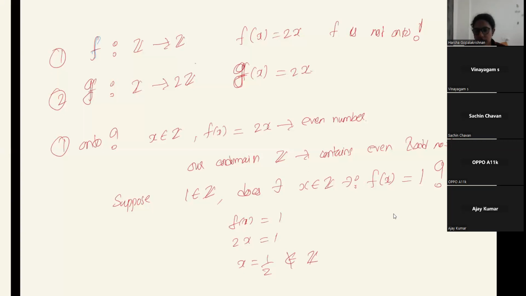Yes, in this case g is onto because we are restricting our codomain to only even integers. Now, g is from Z to 2Z such that g of x equal to 2x.